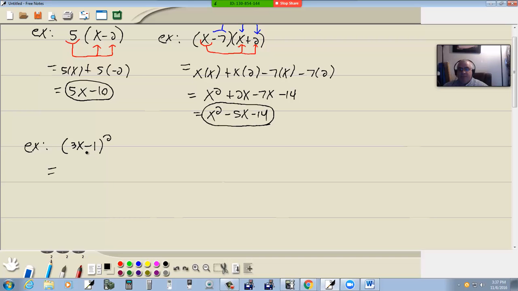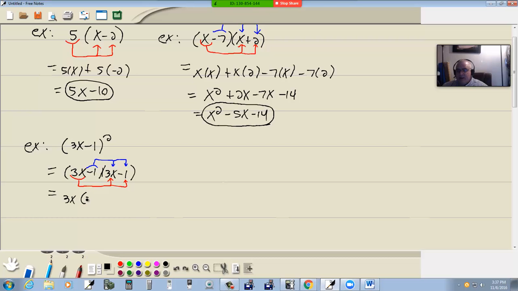Well, this minus here is what messes it up. That's why we can't square the 3x and square the negative 1. Instead, we have to rewrite 3x minus 1 squared as 3x minus 1 times 3x minus 1. And then I'm going to draw lines to see what to multiply together. I'm taking my 3x here times the 3x over there and times the negative 1. And I'll take the negative 1 times 3x and times negative 1.